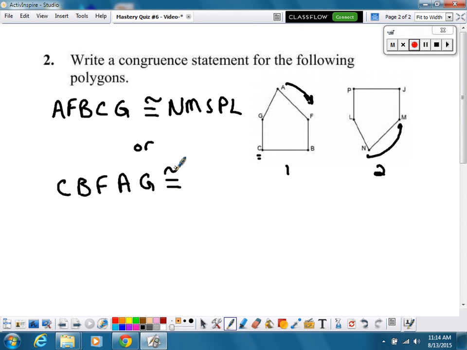Well, now the tricky part is picking out what point would correspond with C in the other shape. Well, you can imagine if you took this pentagon here, angle 1, and did a rotation with it, what would it match up to? I think C would match up with J. And then I'd go over to P, down to the L, to the N, and then to the M.